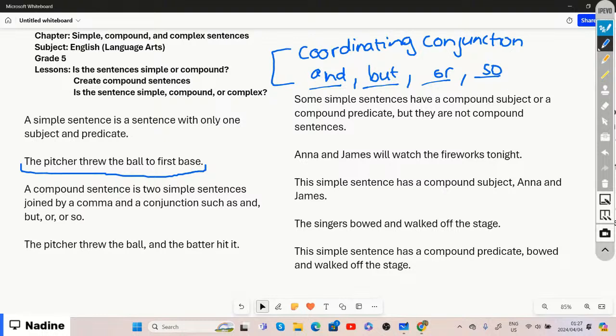Subordinating conjunctions are again words like, as I said, because, after, although. Subordinating conjunctions are used to join an independent clause that can stand as a sentence, as well as a dependent clause. So that word is used to join the independent clause as well as the dependent clause.